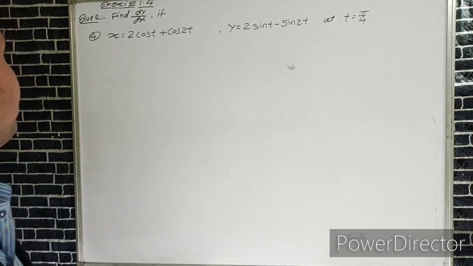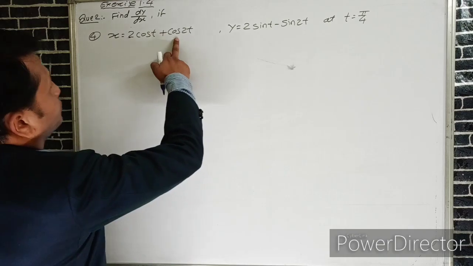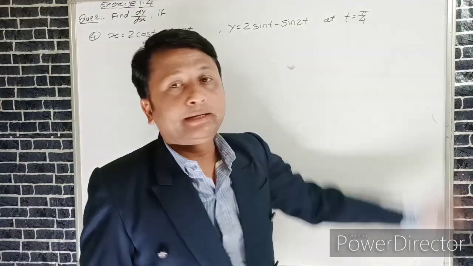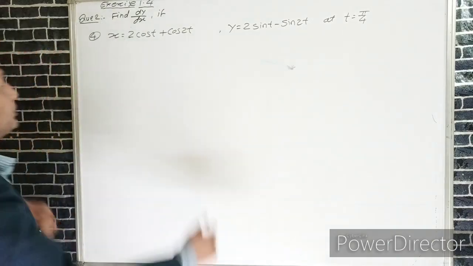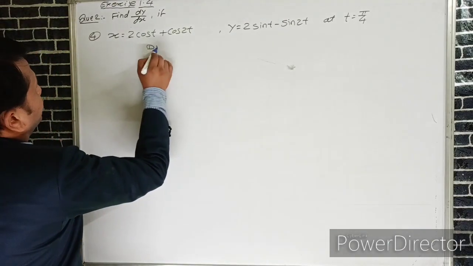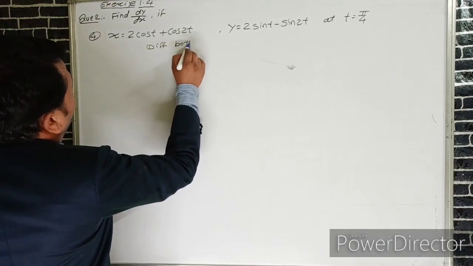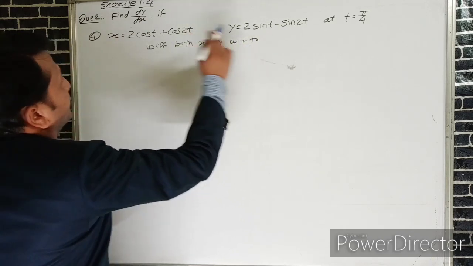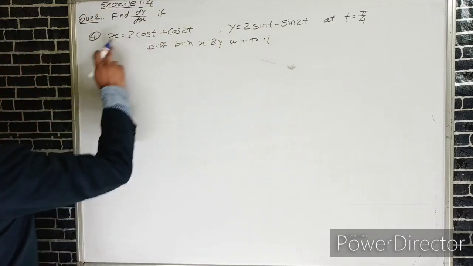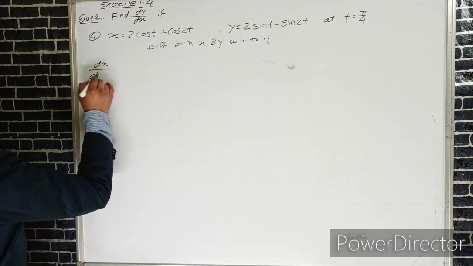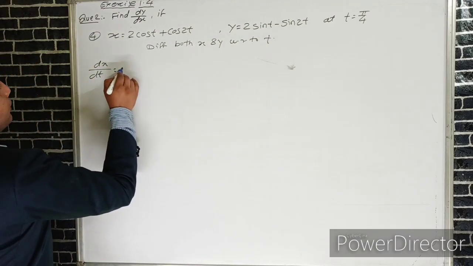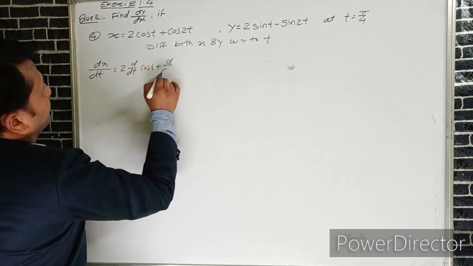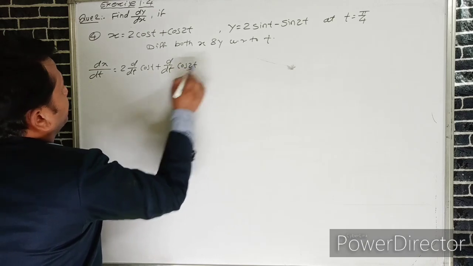So the next example: x is equal to 2 cos t plus cos 2t and y is equal to 2 sin t minus sin 2t, at t is equal to pi by 4. To solve this example, we differentiate both x and y with respect to the parameter t. Here we get dx upon dt is equal to 2 constant, we take the derivative of cos t, and again the derivative of cos 2t.